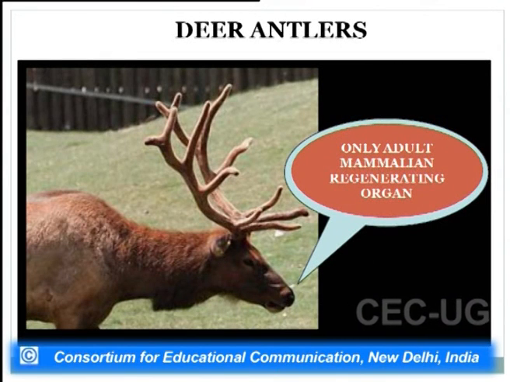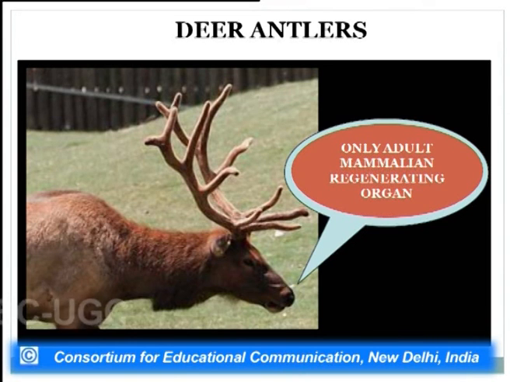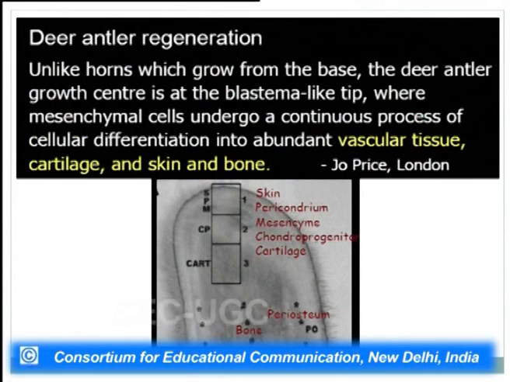As I said, deer antlers are the only adult mammalian regenerating organ. If we look deeper into how deer antler regeneration occurs, unlike horns which grow from the base, the deer antler growth center is at the blastema-like tip, where mesenchymal cells undergo a continuous process of cellular differentiation into abundant vascular tissue, cartilage, skin, and bone.